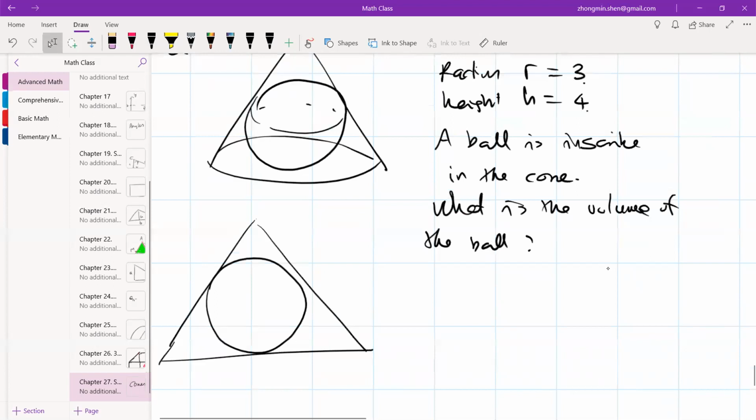So we go back to the chapter we learned about circles. If you did the homework, it'll be a little bit easier for you to do the problem. If you don't do the homework, then you probably cannot figure out how to find the radius of the circle inscribed in this triangle.